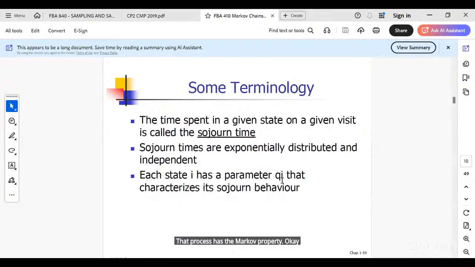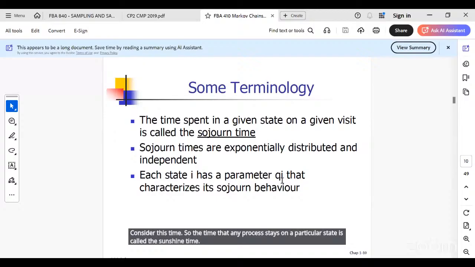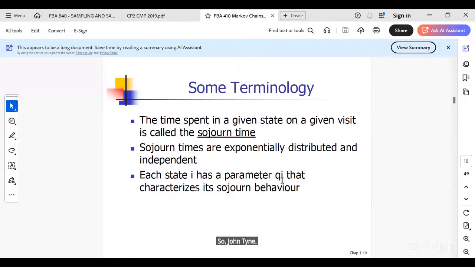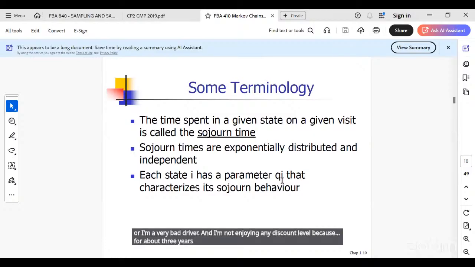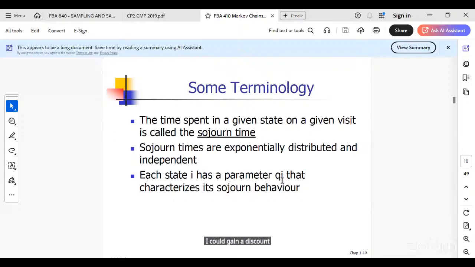Okay, Markov property. So I want you to consider this time. The time that any process stays in a particular state is called the sojourn time. So if, for example, I'm a very bad driver and I'm not enjoying any discount level for about 3 years, before I could gain a discount, to enjoy maybe 20%, that means my sojourn time is 3.